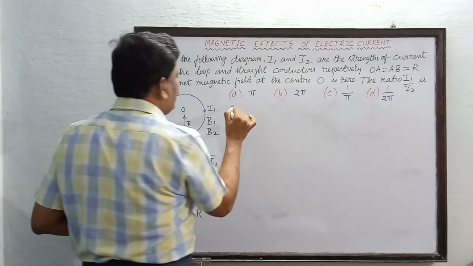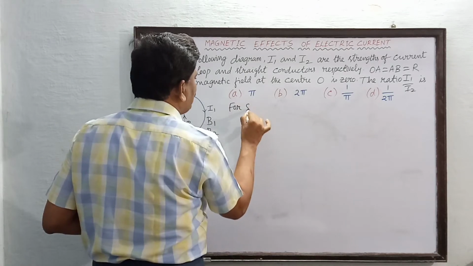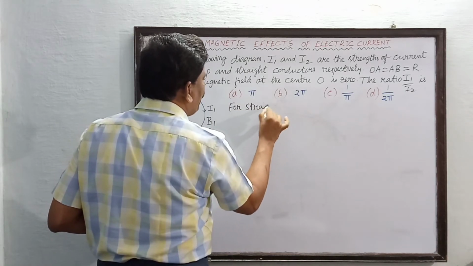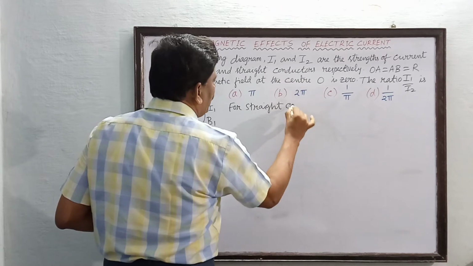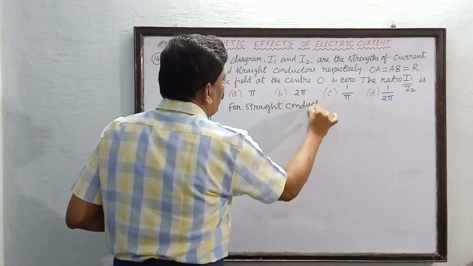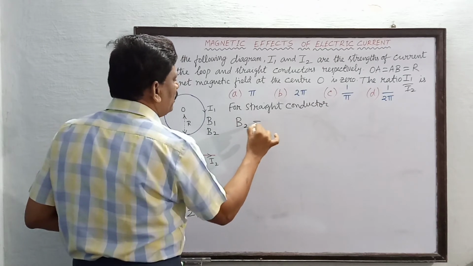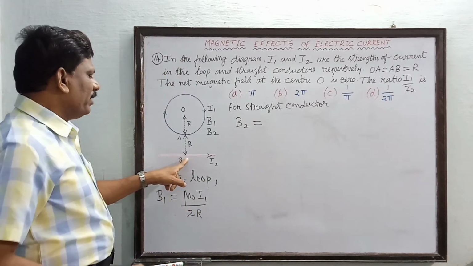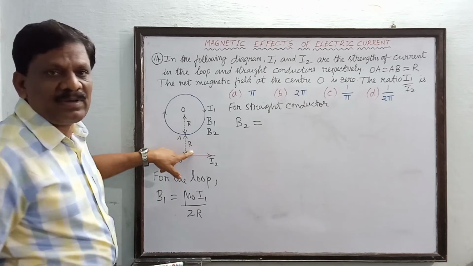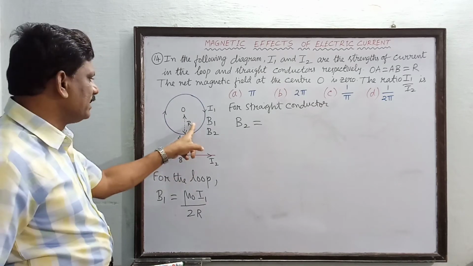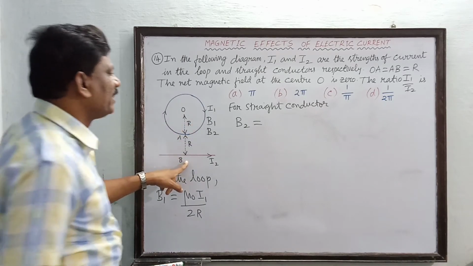Now for the straight conductor, I will write the expression for the magnetic field, that is B2. The point O is at a distance of R plus R equal to 2R from the straight conductor.